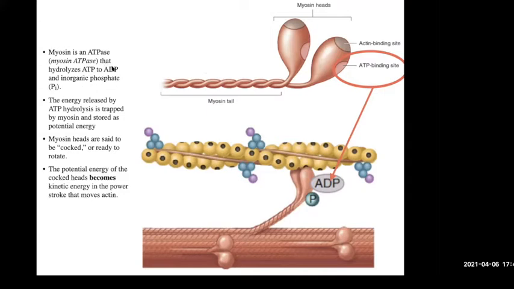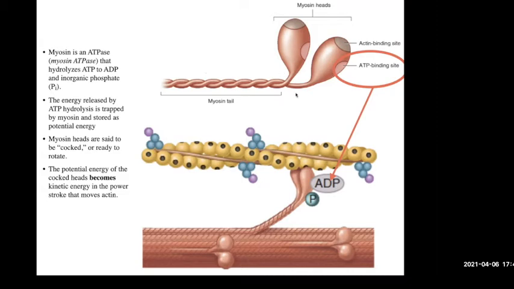So this removal of the phosphate group, that hydrolysis, when you add a drop of water and the enzyme catalyzes all that, it creates stored energy. So the energy that's created by this ATP hydrolysis is going to be trapped in the myosin head right here, and it's going to be stored as potential energy.